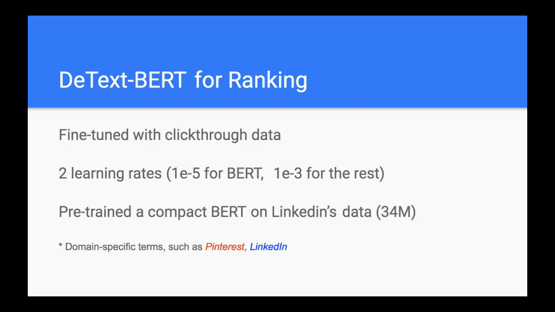So they have 2 different learning rates. One is for BERT, which is quite small, and another is a larger learning rate for the rest of the neural network. This is one tricky part, very important.